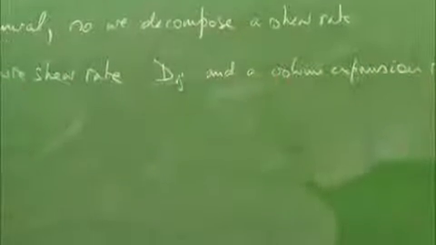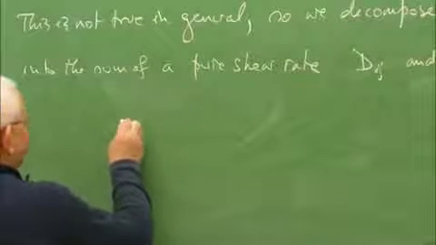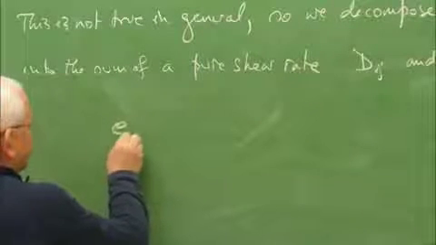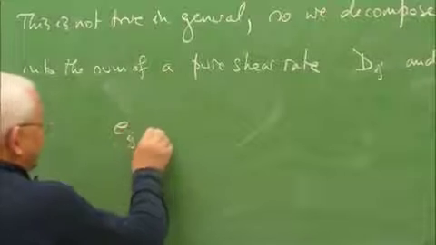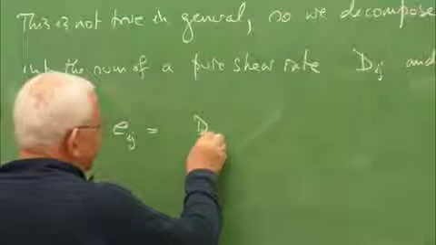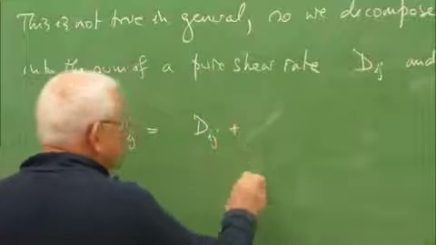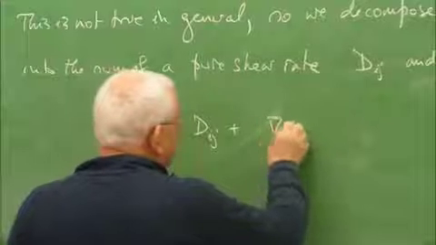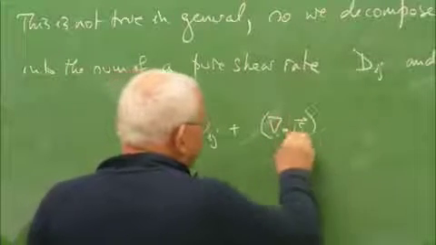So how do we do that? The answer is, what we need to do is write Eij in the general case as a sum of Dij plus lambda dot V.